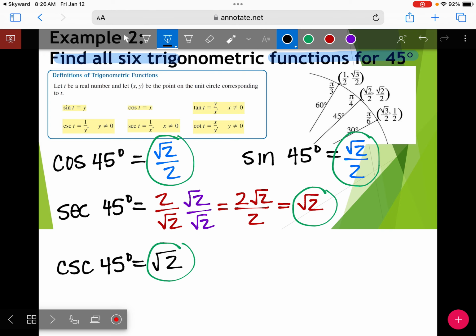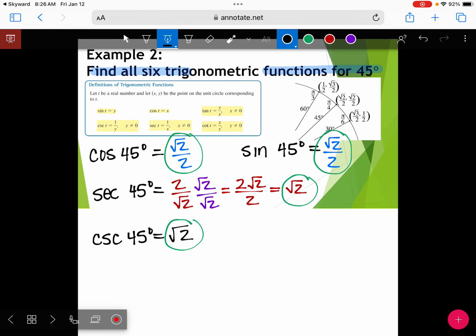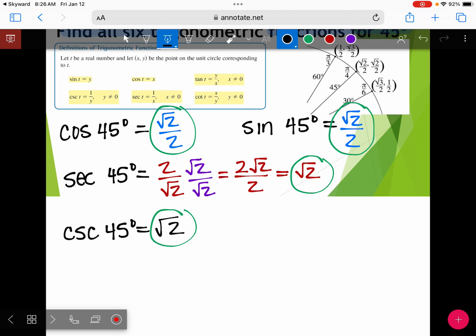All right, so now let's do our last 2, and then you can see why the 45 degree is also easier. So the tangent of 45 is going to equal the sine divided by cosine. So that would be root 2 over 2 divided by root 2 over 2.